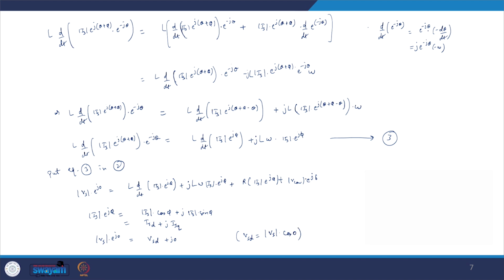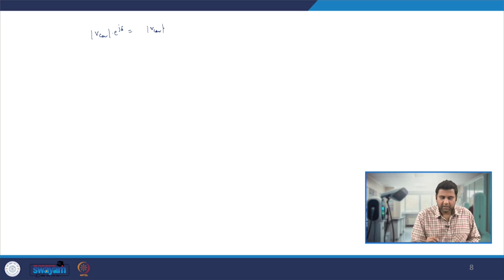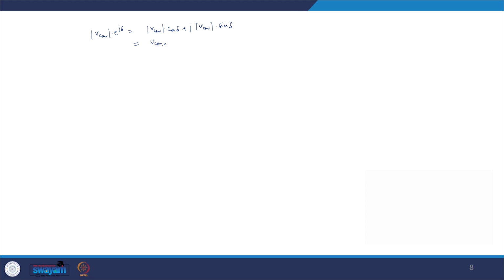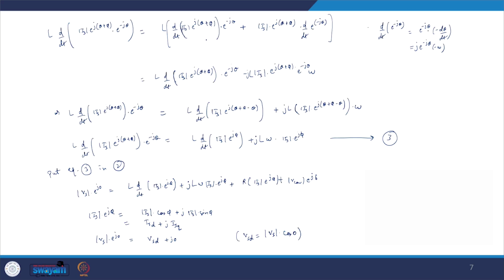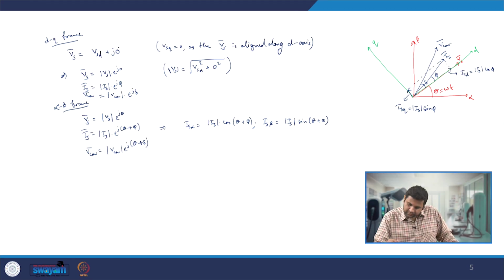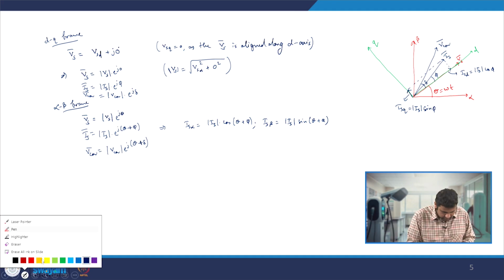Similarly, we can write down for V converter e raised to power j delta to be the magnitude of space vector V converter cos delta plus j times V converter sin delta, and that is nothing but V converter component along D and V converter component along Q.